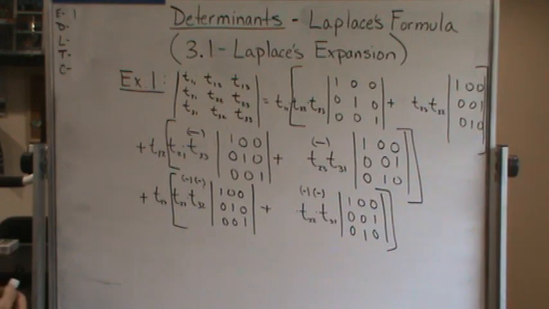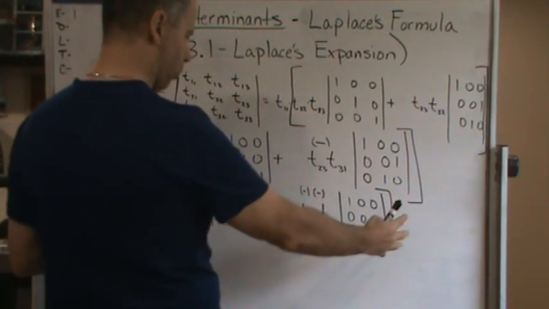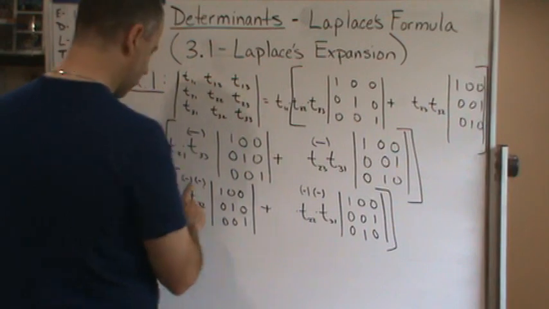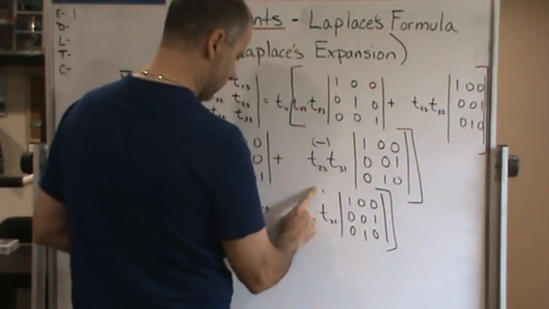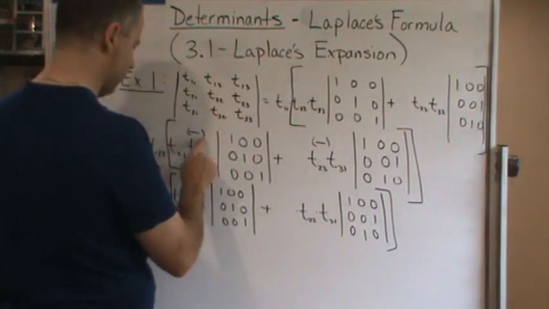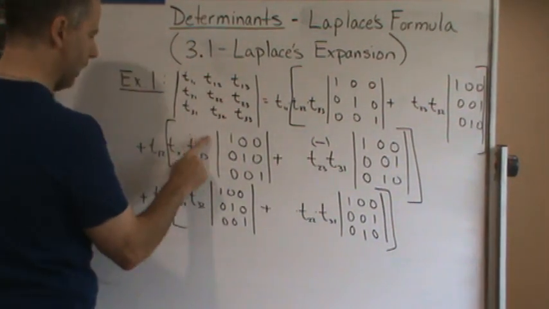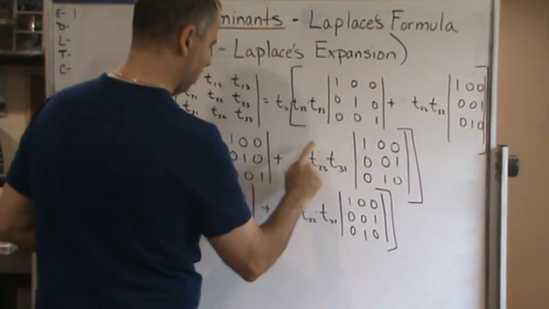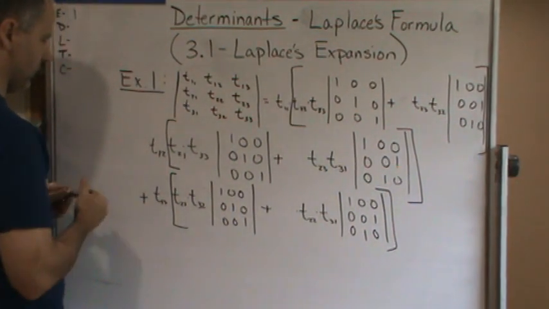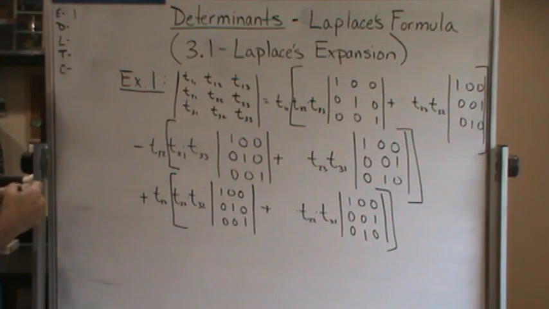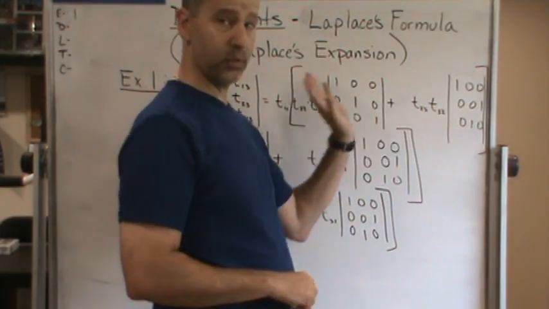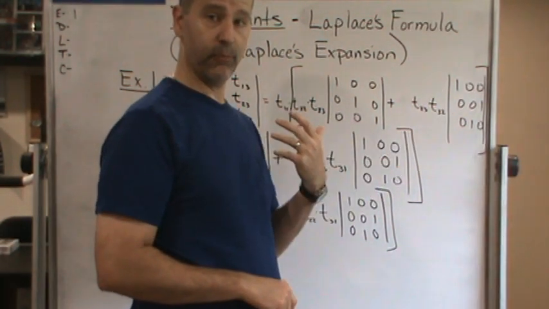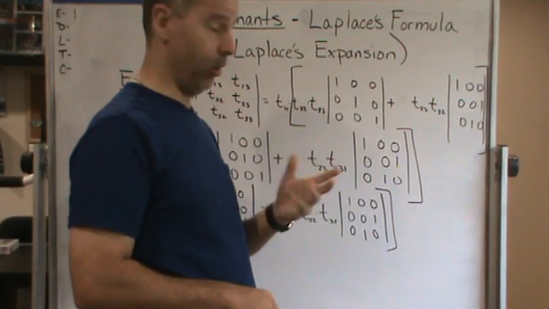So look what happens if we recombine things. First of all, let's take care of the signs. So these cancel each other out, these cancel each other out, this is negative, so we'll factor out the negative, and we'll make this into negative. Okay? Now, what we're going to do is we're going to take these 2 and multiply them back in the same way when we factored them out, which was row by row.